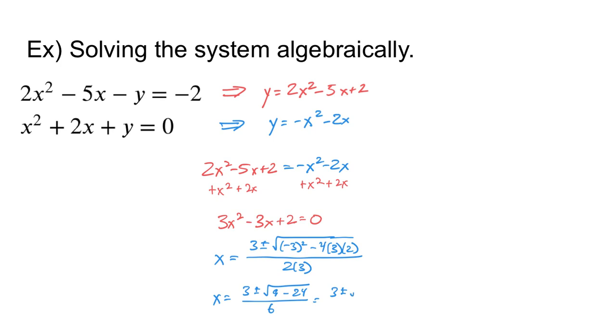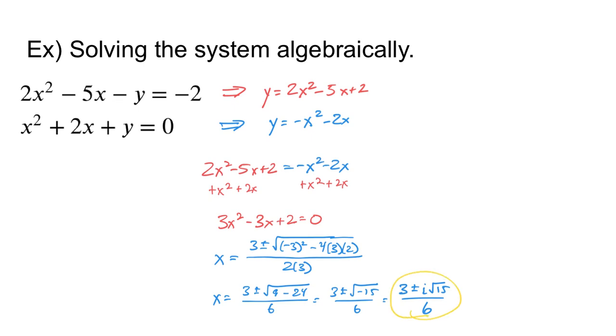That's 3 plus or minus the square root of negative 15 over 6. I'll simplify my radical, but really there's nothing else I can do here, so I get 3 plus or minus i square root of 15 over 6. I got an imaginary solution for my system of equations.